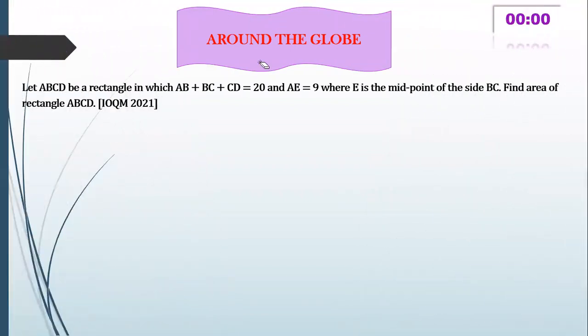So try this IOQM 2021 problem. Very simple. I will not be giving 2 minutes for this, because this is generally a 1 minute problem. So try this problem. Arkaprabha, you are right. Arkaprabha did the IOQM 2021 problem in 8 seconds.